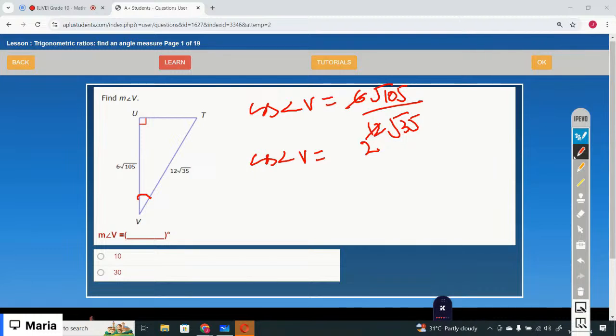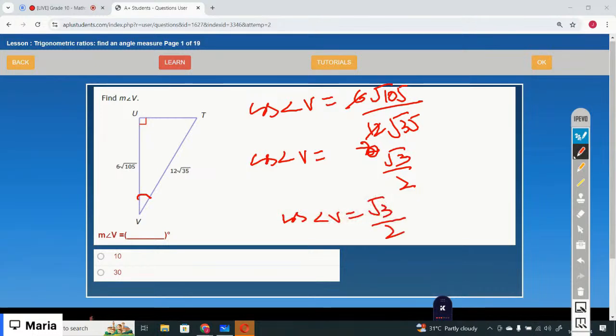And 105 divided by 35 is 3, so the square root of 3, and that is square root 3 over 2. So cos of angle B equals square root 3 over 2.